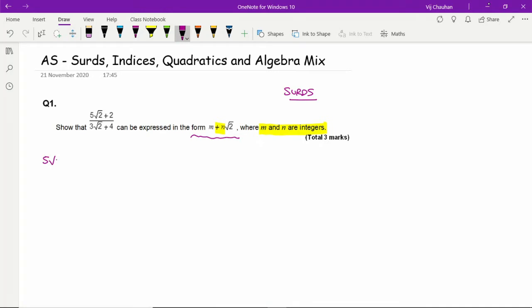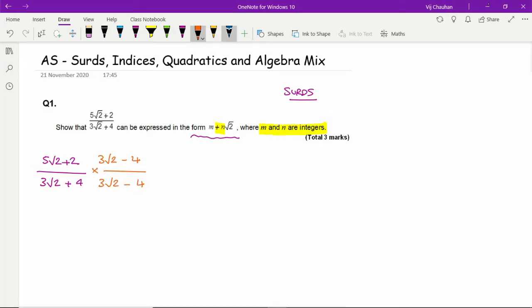So when we are rationalising the denominator, the key thing we'll need to do is to multiply both the denominator and the numerator by the denominator, reversing any signs that we may have. And it's always important that you're able to write this.